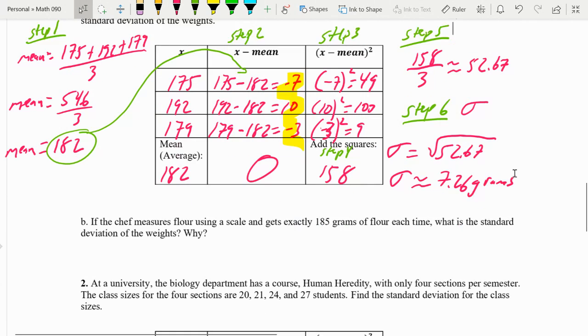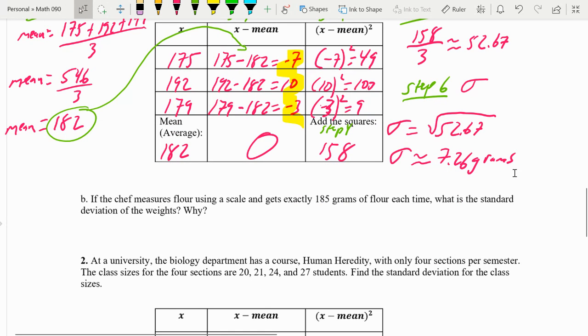Part B. If the chef measures flour using a scale and gets exactly 185 grams of flour each time, what is the standard deviation of the weights?